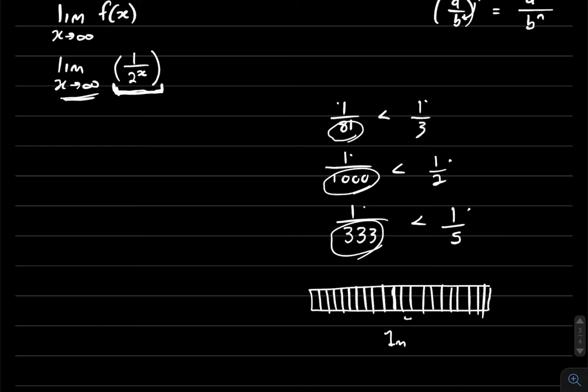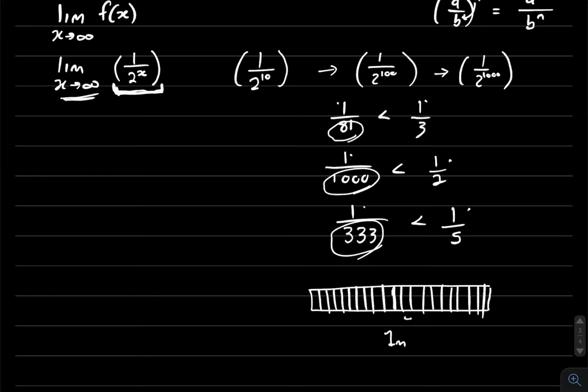So let's try and apply this here. If we had, let's say, 1 over 2 to the power 10, then 1 over 2 to the power 100, 1 over 2 to the power 1000, all of these fractions are getting smaller and smaller as x is increasing, right?